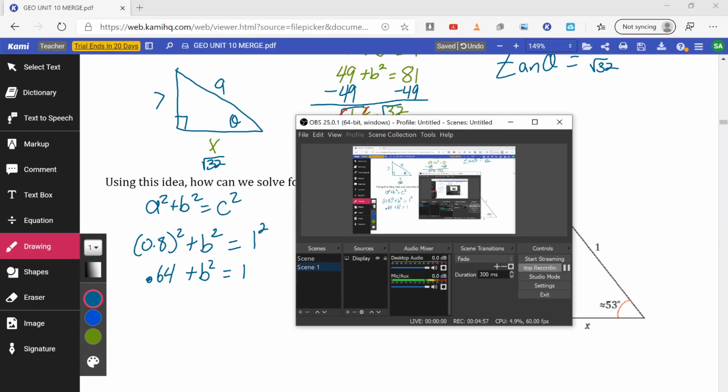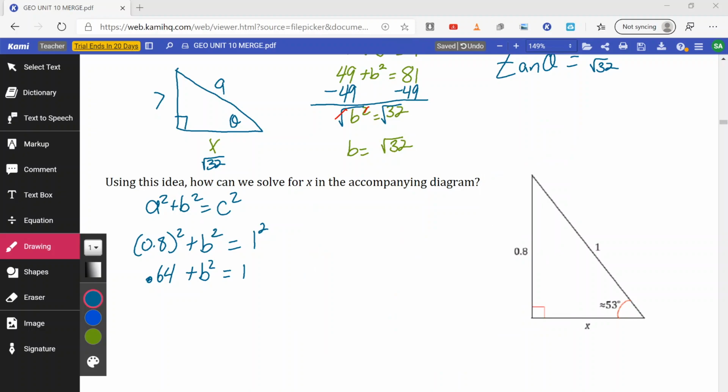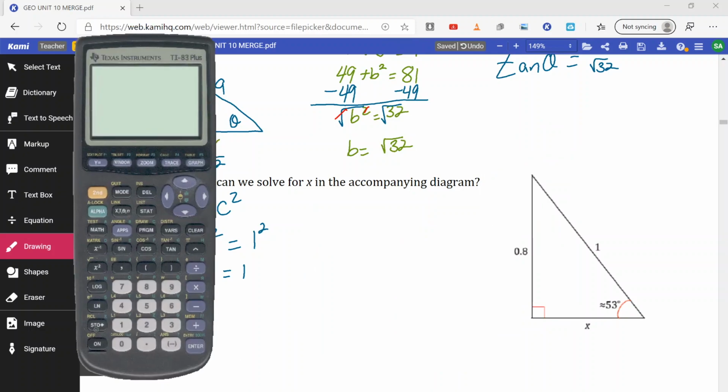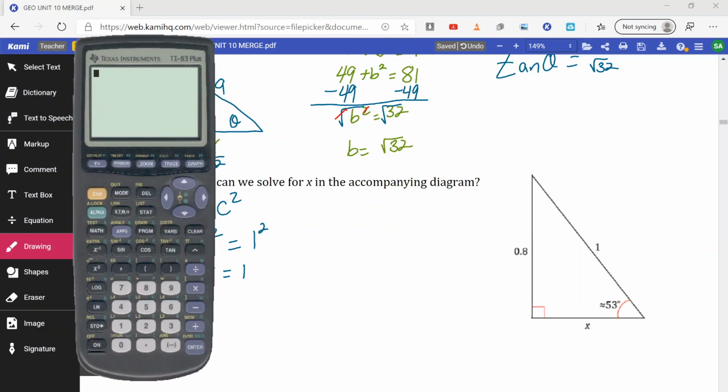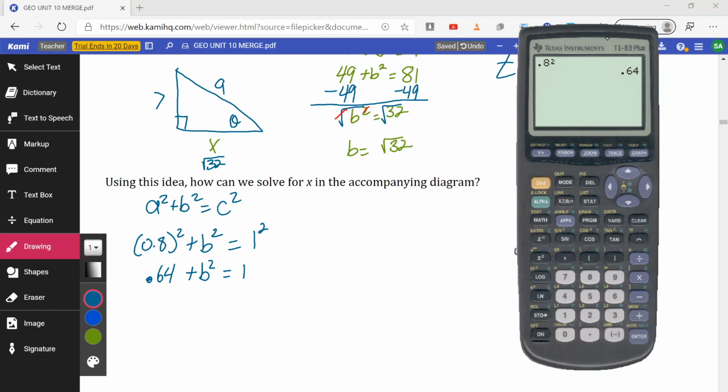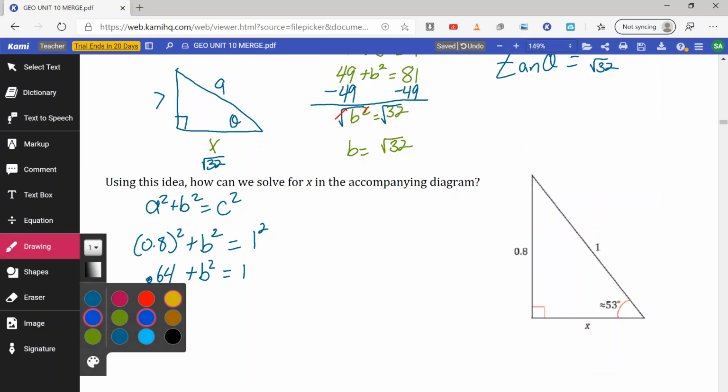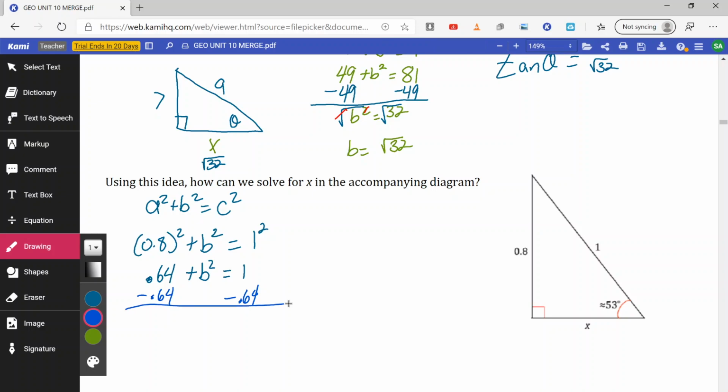And again, if you don't know what 0.8 squared is, we just get out the calculator, and we do 0.8 squared. Gives me 0.64. We're going to subtract it from 1. So we got to get b squared by itself. So we're going to subtract 0.64. It's going to cancel these guys out, leaving me with b squared.